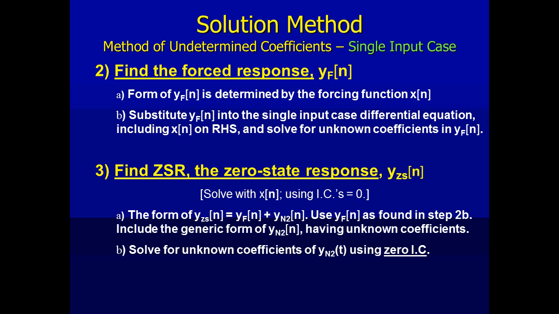It looks exactly like this guy, at least in functional form. It may have a different coefficient out in front, but this is the same form of the natural response, the same one we looked up in that first table. It's going to be some minus 1/2 to the n u of n once we get there, but with some coefficient I don't know. Let's call that K2.